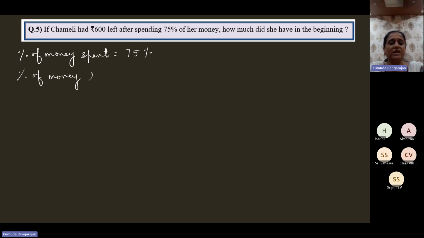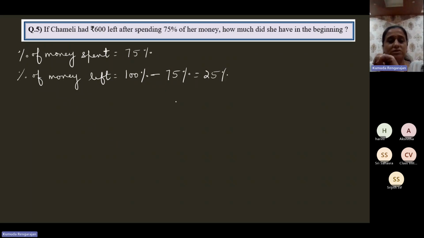What is the percentage of money left? If percentage of money spent is 75%, what is the percentage of money left? 25, ma'am. 25.